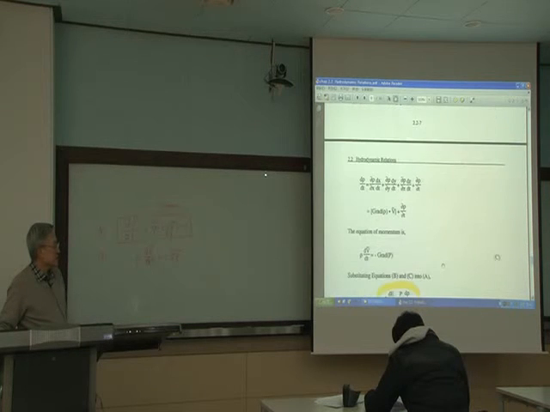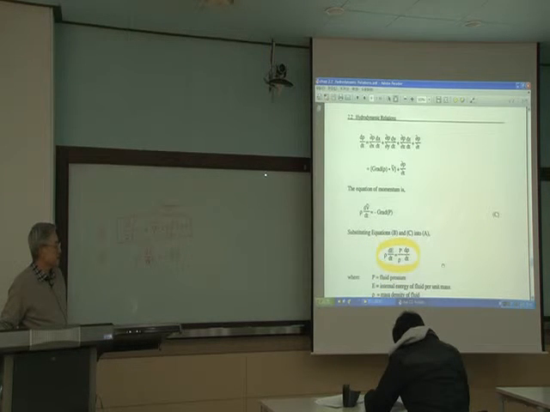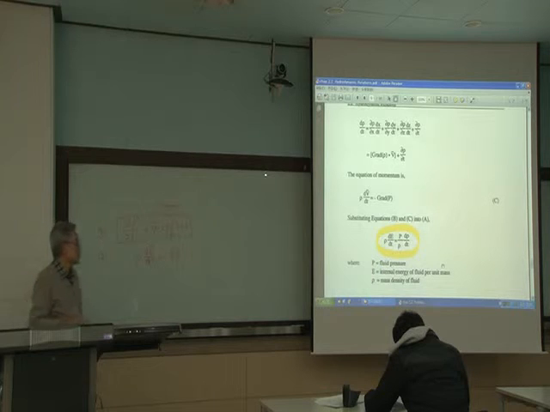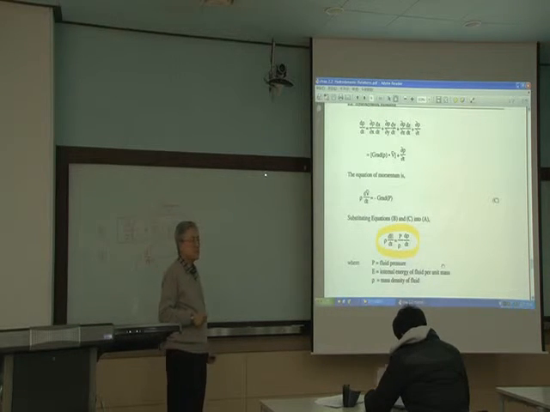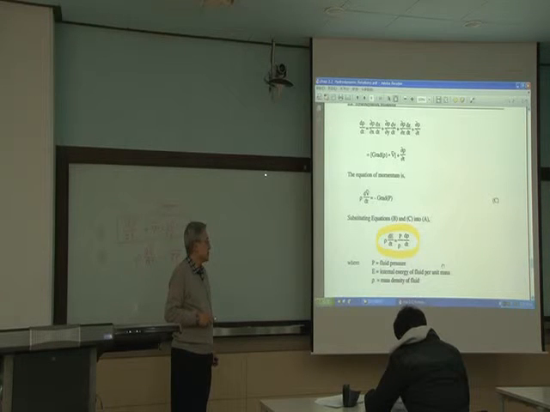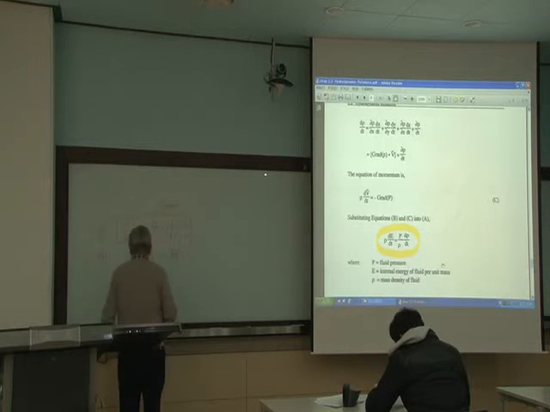So this is a derivation. Then it reduces down to this equation. It's a very precise derivation. Okay? And this is the final conservation of energy.